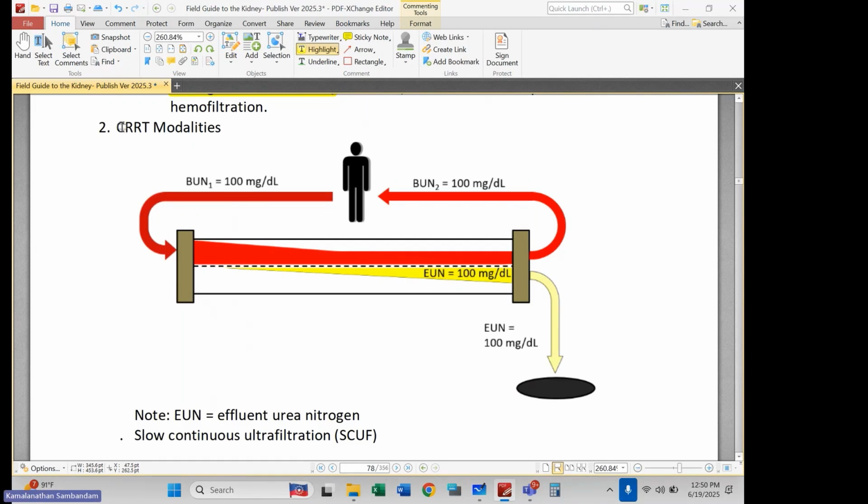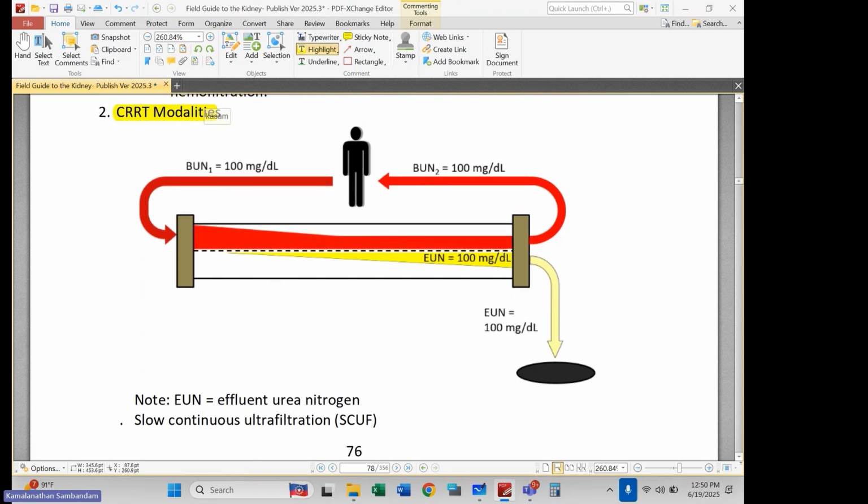All right, let's then talk about the individual CRRT modalities. We skipped over SCUF. You can say SCUF is the simplest form of CRRT solute clearance. So in this scenario, I am pushing plasma water across a semipermeable membrane. The sieving coefficient of urea is 1, so EUN and BUN are equal.